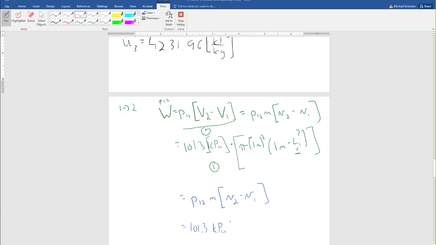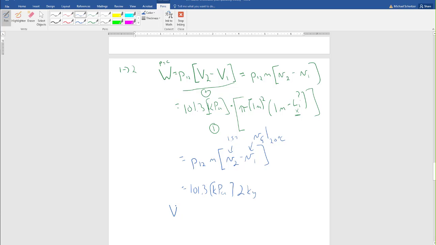The mass is 2 kilograms. V2, this is the 1.57. V1 is going to be, we'd find this, so this would be VF at 20 degrees Celsius. So when we put that in, we would know the work from 1 to 2.